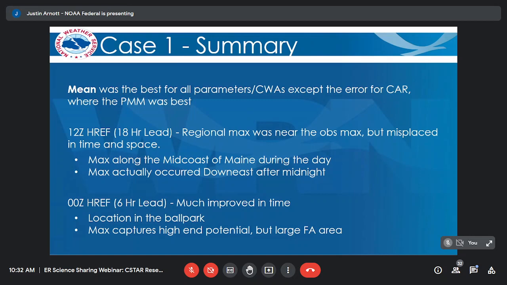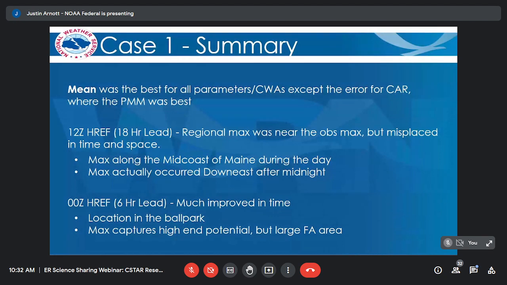And comparing, I've talked about the 0Z HREF, and at that time the game has already started, so it's not the best. The forecast that forecasters really referred to was the 12Z HREF, which is an 18-hour lead time, and in this case the regional max was near the observed max, but misplaced in time and space.